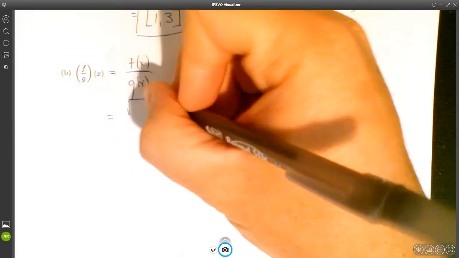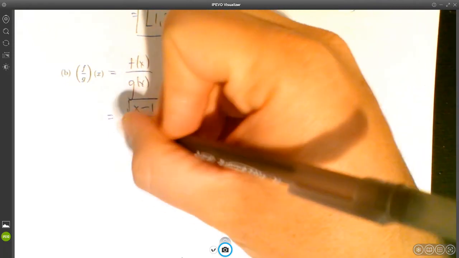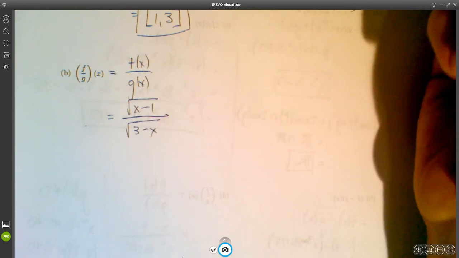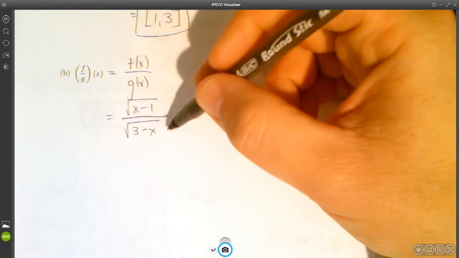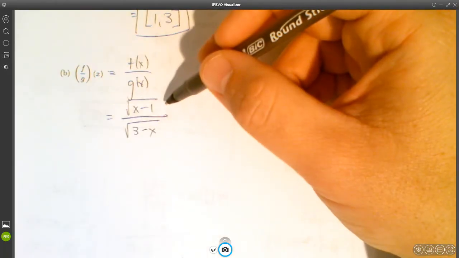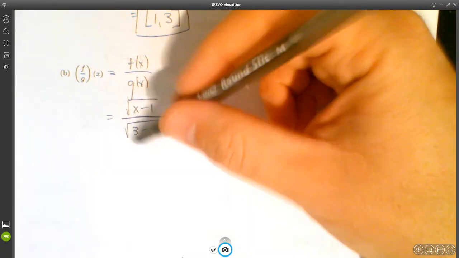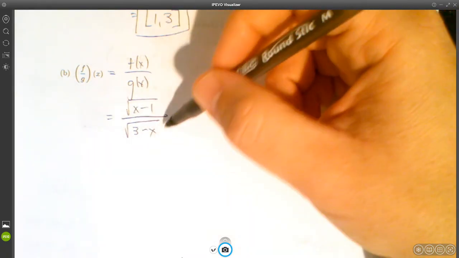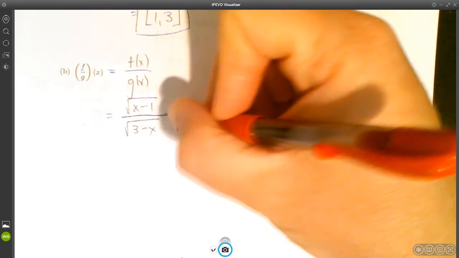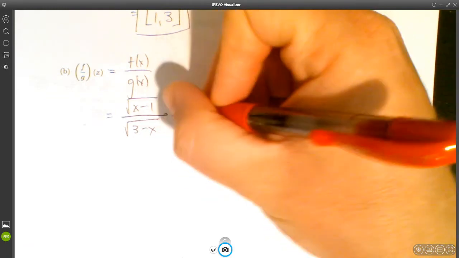That's square root x minus 1 divided by square root 3 minus x. And technically, this is not considered simplified because you have a radical in the denominator. So we would multiply by the square root of 3 minus x in this case to rationalize.